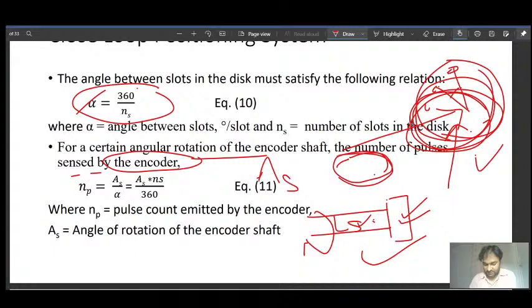If you are interested in how many pulses we have got, how can we find it?